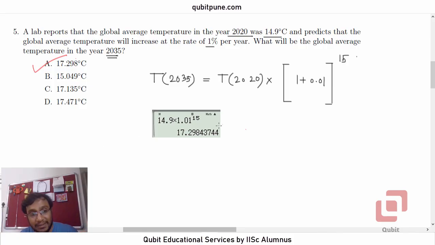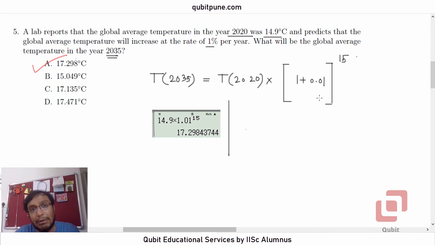Now some of you might think, 0.01 is an extremely small number, 100 times smaller than 1, and we have got a large enough power here. Why not use linearization, an approximation to the binomial expansion of 1 plus x raised to n, which is 1 plus nx?